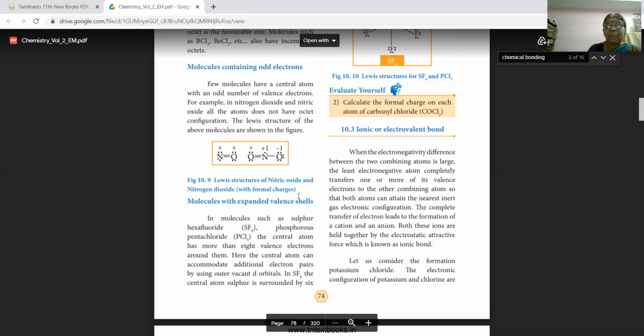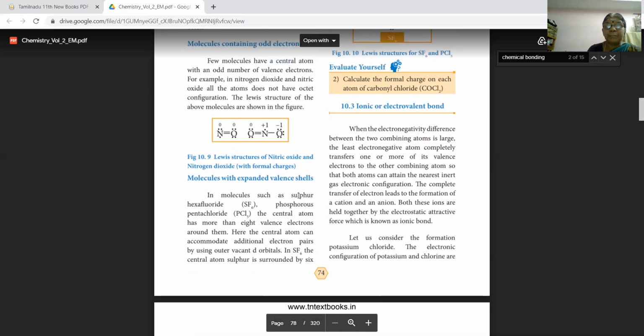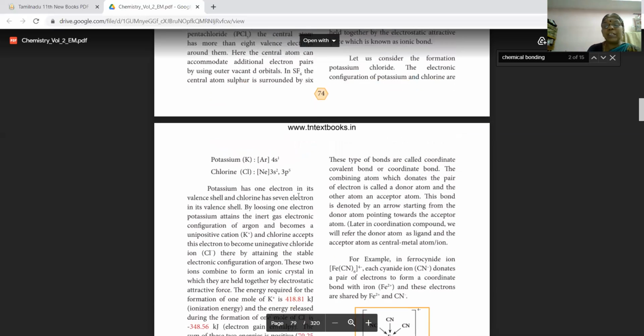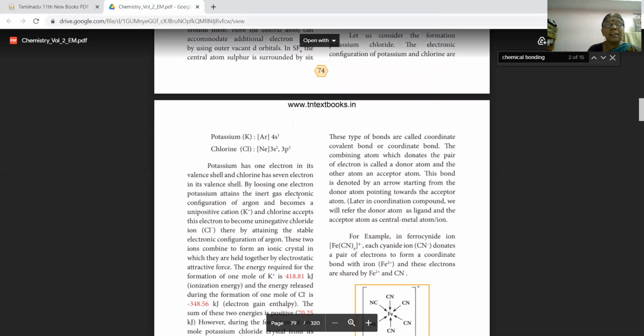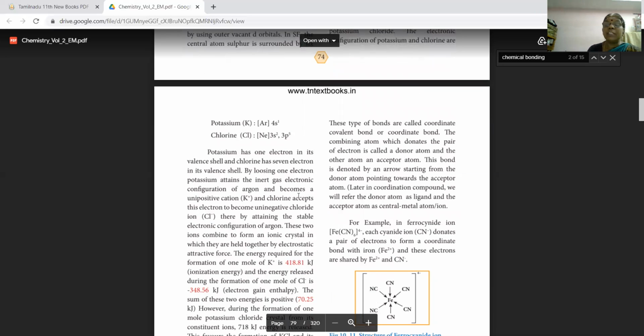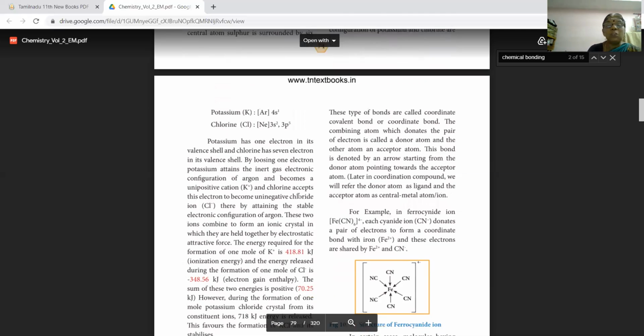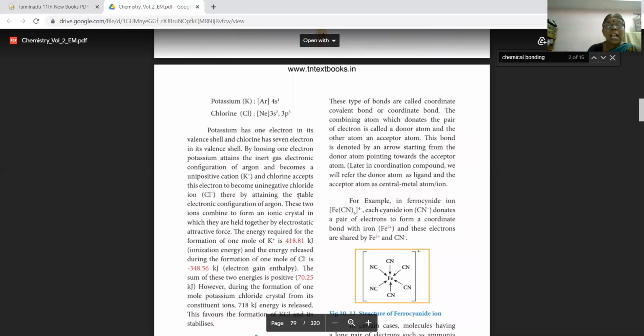Now let us consider the formation of potassium chloride. The electronic configurations of potassium and chlorine are: potassium is argon configuration with 4s1, and chlorine is neon configuration with 3s2 3p5. Potassium has only 1 electron in its valence shell and chlorine has 7 electrons.